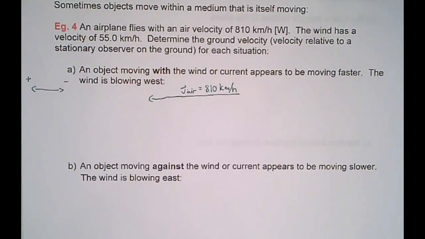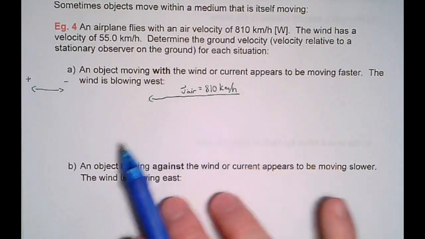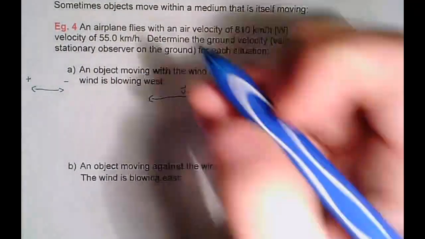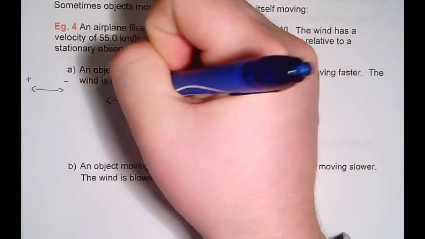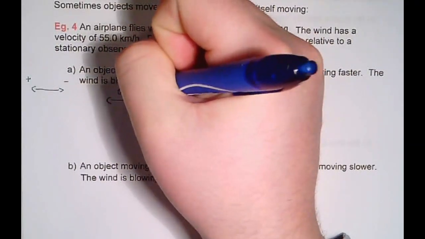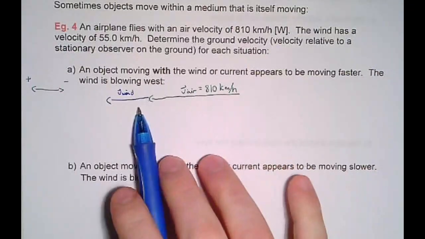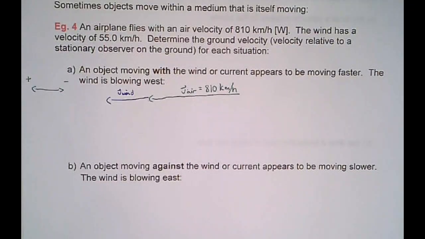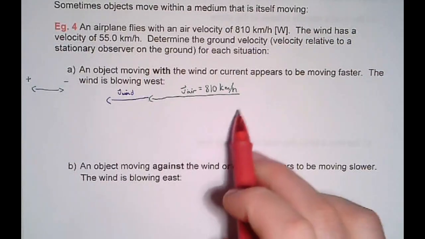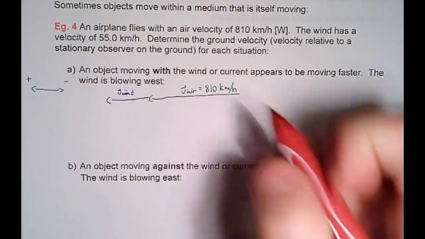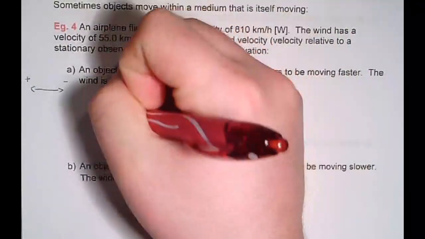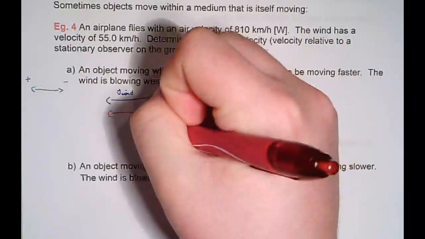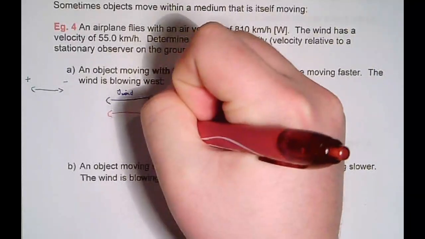So when we're finding 810 kilometers, we also are moving with the wind in this case, because the wind is blowing west. So the velocity of the wind is added on to the end of our velocity of the air. When we determine our ground velocity, we go from the tail of the first one all the way to the tip of the last one. This here is going to tell us our ground velocity.